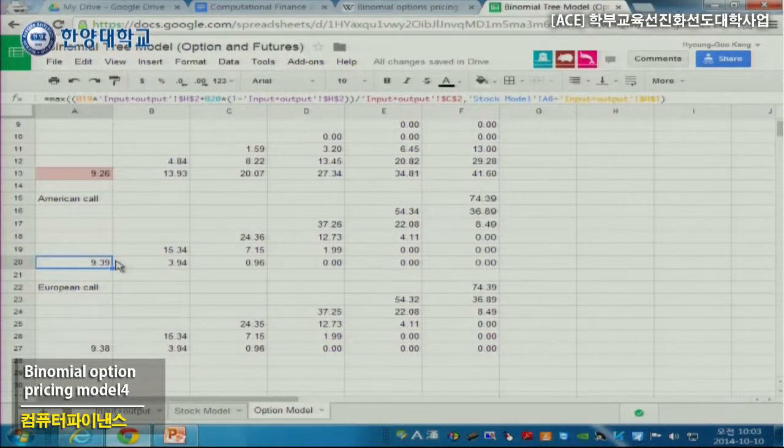Is it okay? Yes. So if the price of the American call option is higher, what do you think is your personal arbitrage advantage?